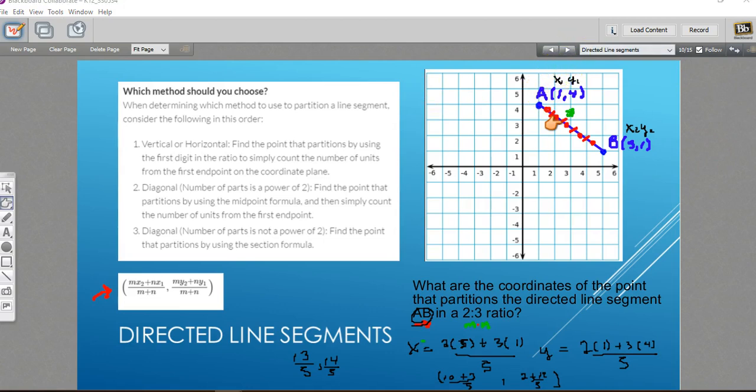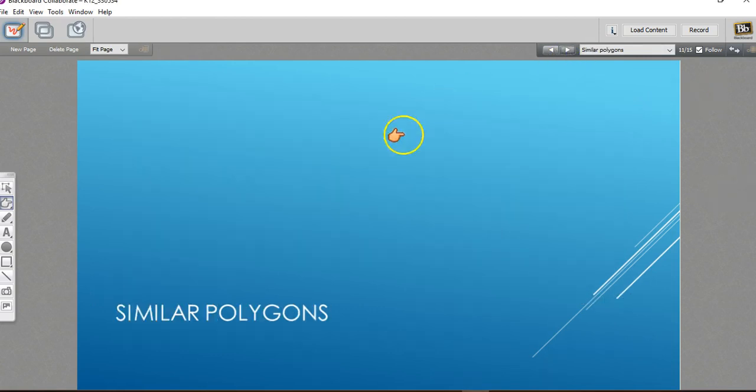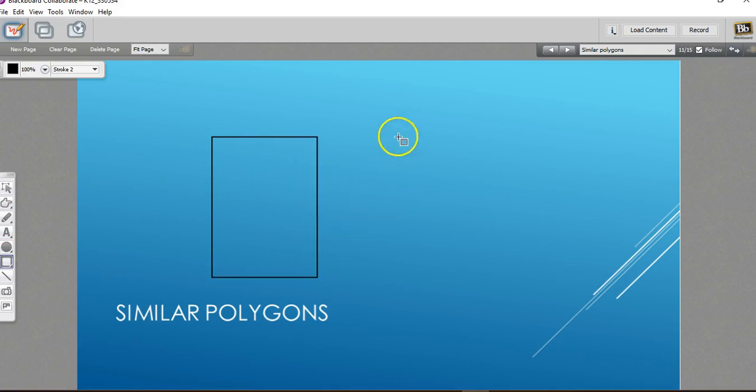Okay, question number 7 on the test. We're going to be dealing with similar polygons. They're going to give you 3 different polygons.